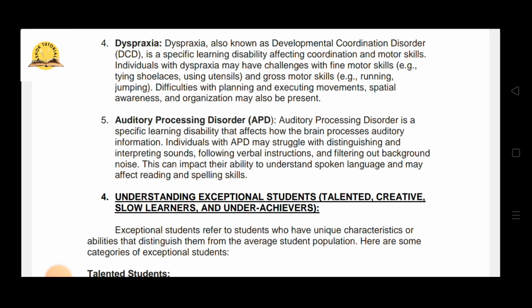For example, the best example is writing. When we are writing, we are using fine motor skills, right? When we are tying our shoes, when we are tying our necktie, we are using the fine motor skills, or the small muscles of the body.